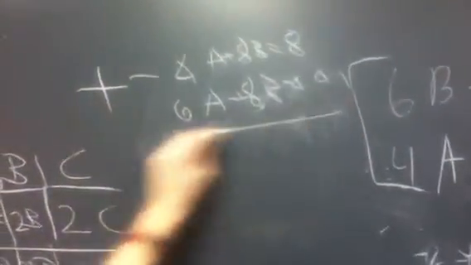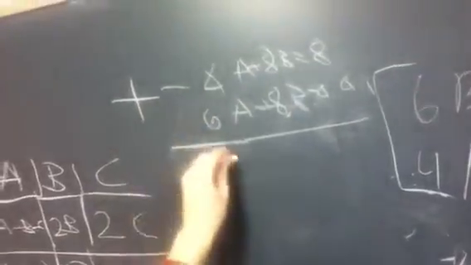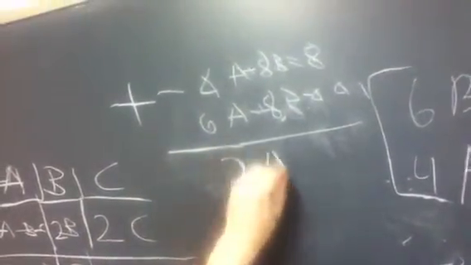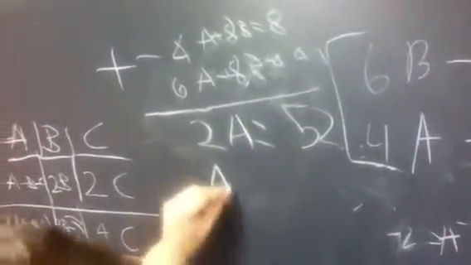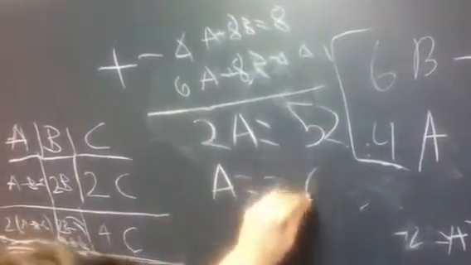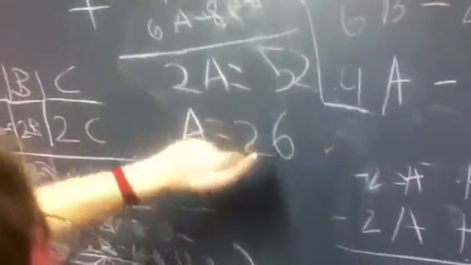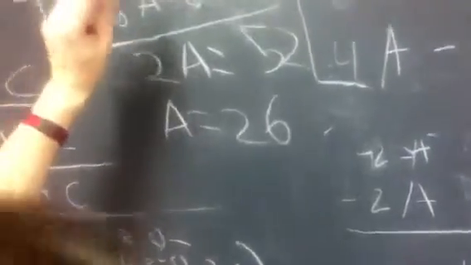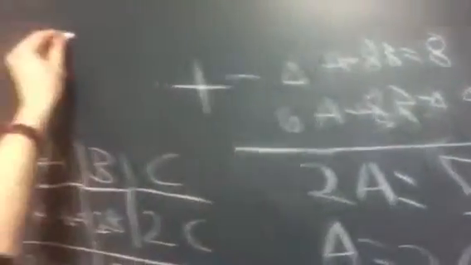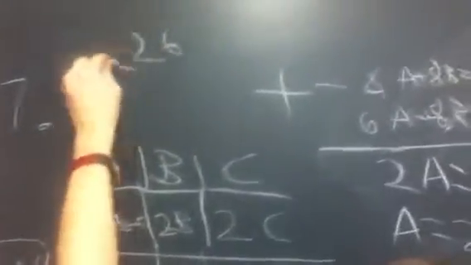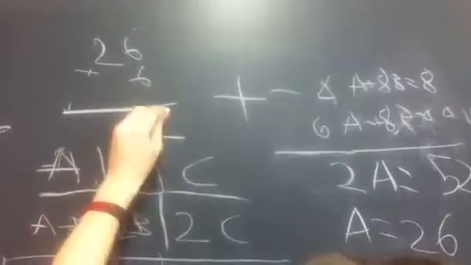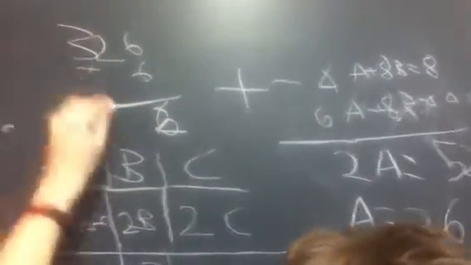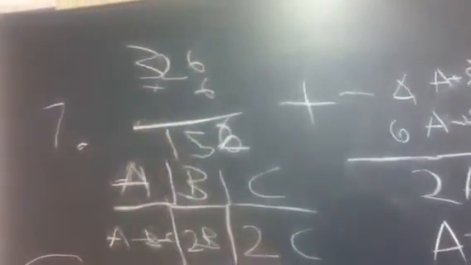I add, getting 2a equal to 52. So a then equals 26. Plug a back into this equation: 26 times 6 equals 156.